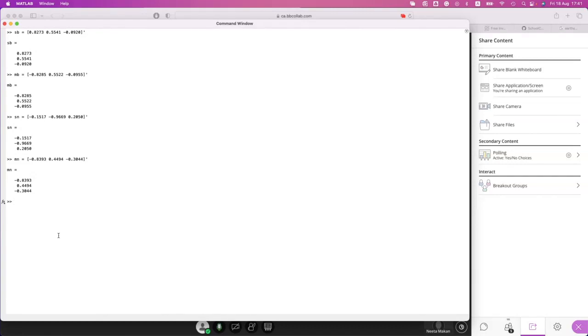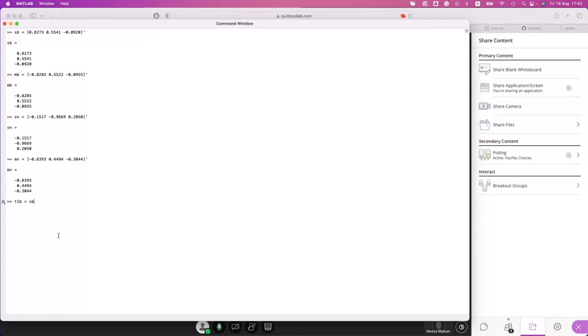The first assumption to obtain T1B will be what? Someone, please. The sun sensor direction is the same as T1, I think. The unit vector of the sun sensor. The measurement you obtain from the sun sensor is the same as the measurement for your T1B. So I can simply say my T1B is equal to SB, right?